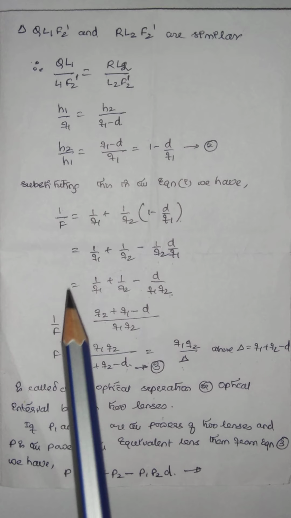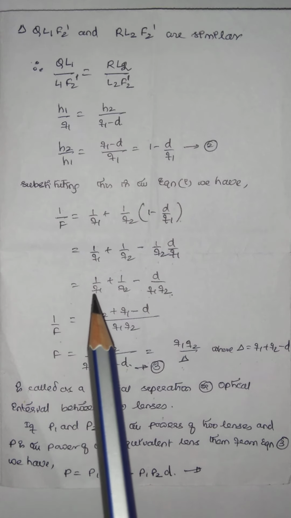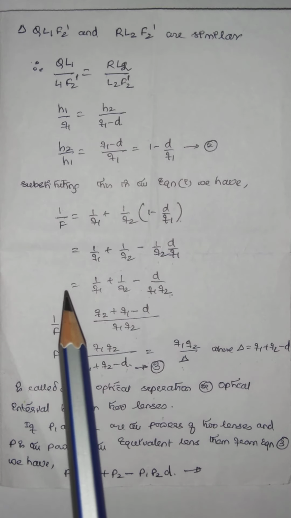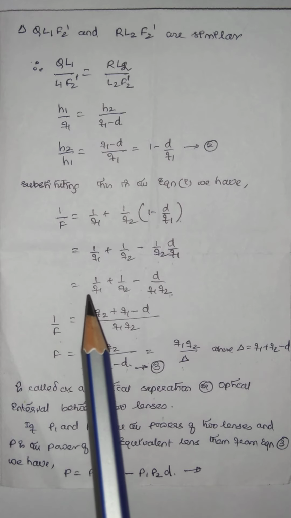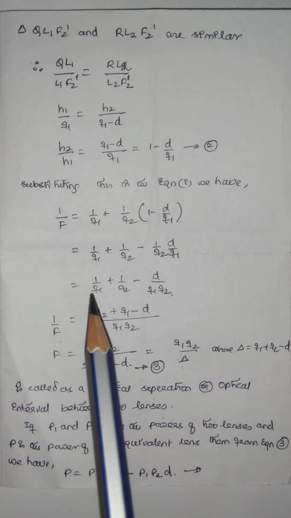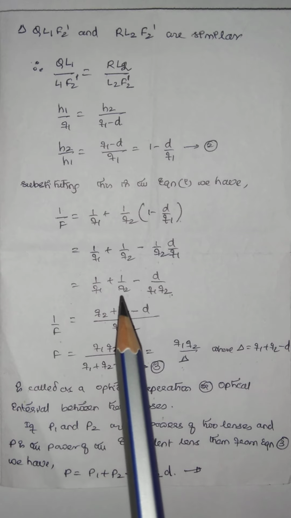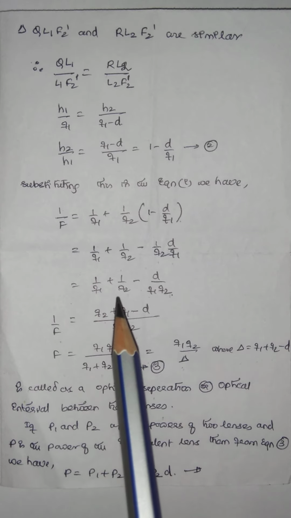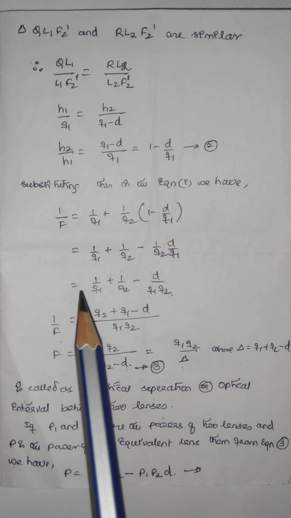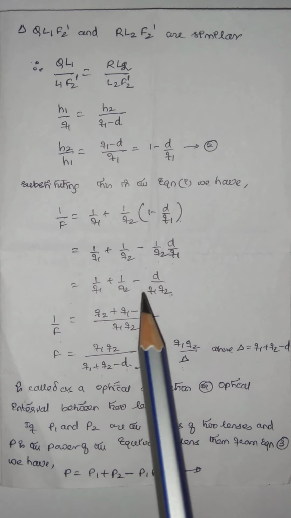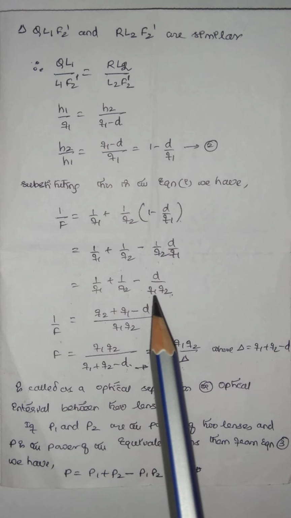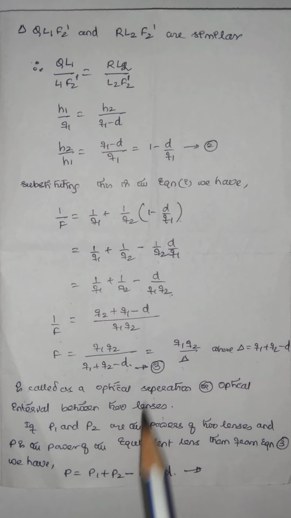Here 1 by F is capital P. If F1 is the focal length, focal power is P1. If F2 is the focal length, focal power is P2. That is given by P is equal to P1 plus P2 minus P1 P2 into D, which is said to be an expression in terms of focal power.